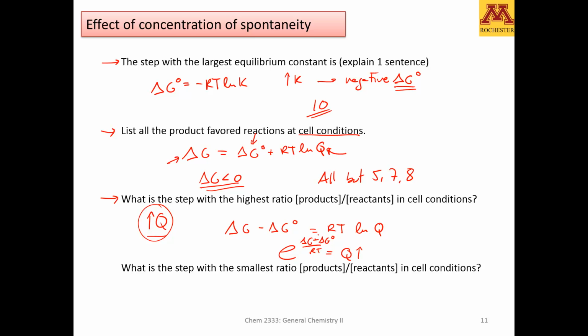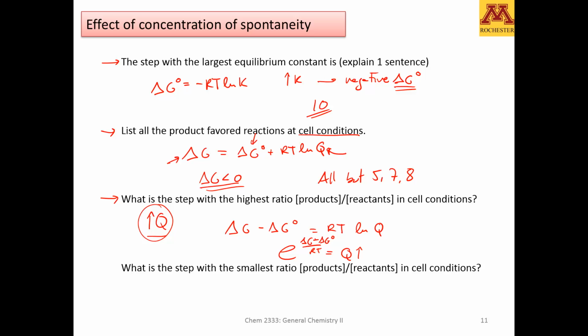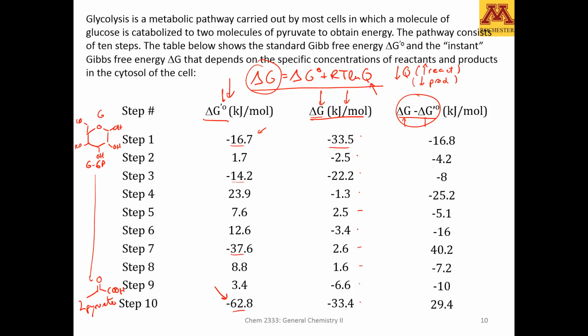Does that make sense? So if I have a large and positive exponent, I will have a large Q. So which one? Notice that I already have this up here. All have the same R and the same temperature, so the largest exponent will be the most positive of these. So by far, step 7 is the largest.